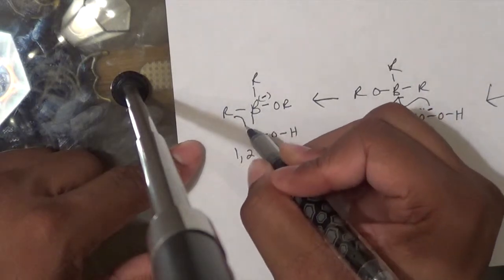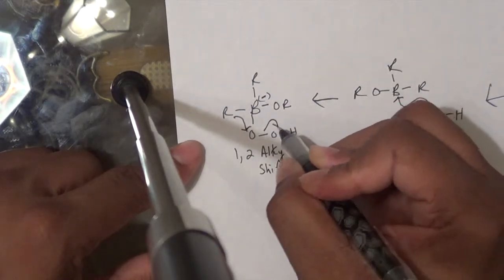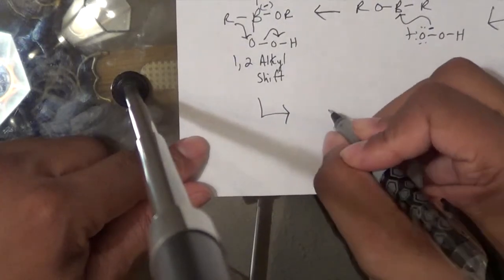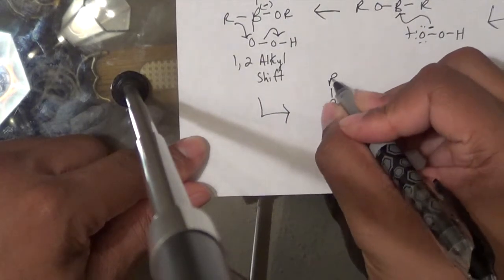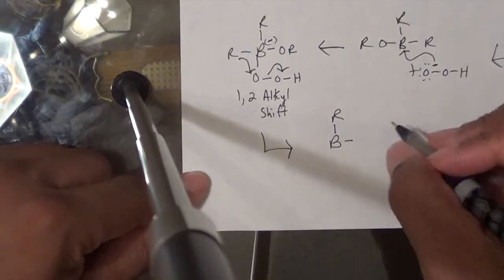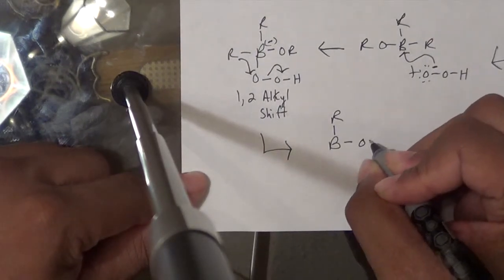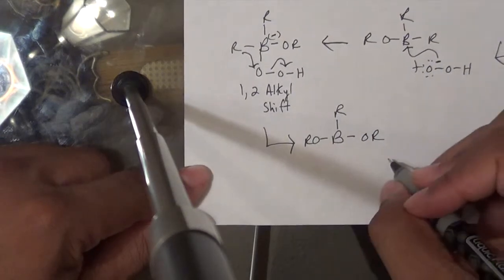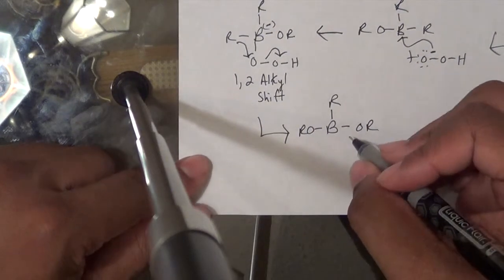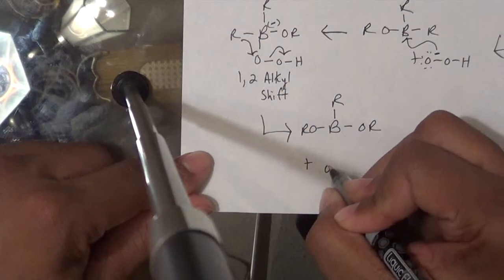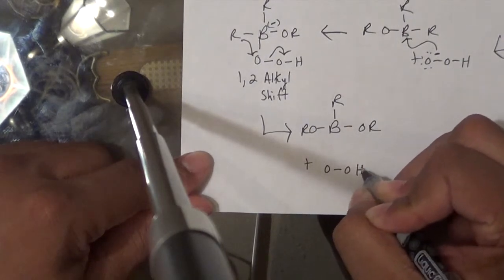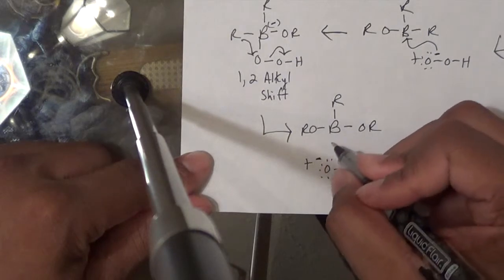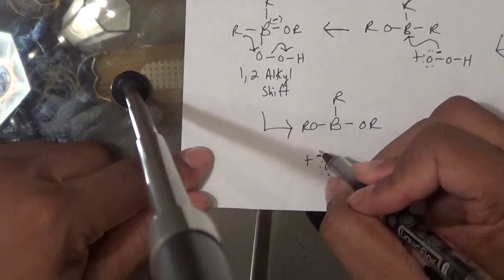This goes here, plucks that off. I'm not going to show the production of the peroxy anion again. Once you show it once, you don't have to show it again. So we do it a third time.